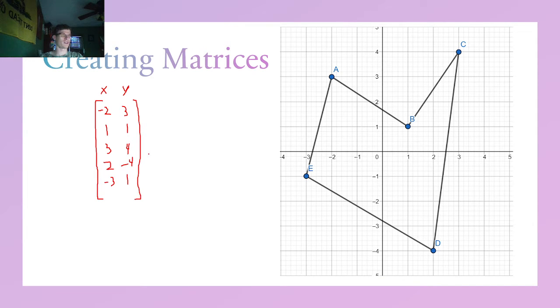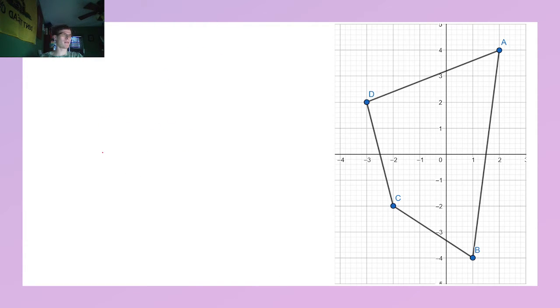Okay? You can also make a matrix with the rows being X and Y and the columns being the points. That would be a 2 by 5. This is a 5 by 2. The dimensions of this one are 5 by 2. I made a little mistake in identifying that. So that is one matrix you can make. Another one, I'm going to make this one horizontal so that you can see that as well.